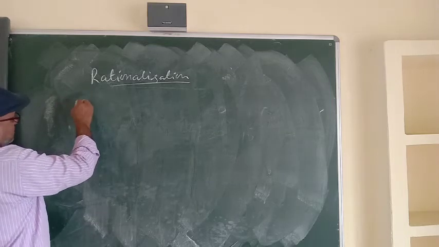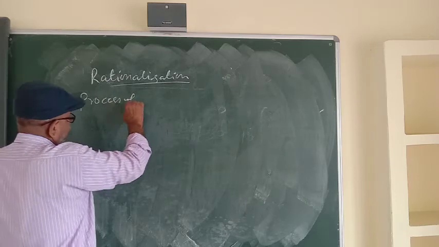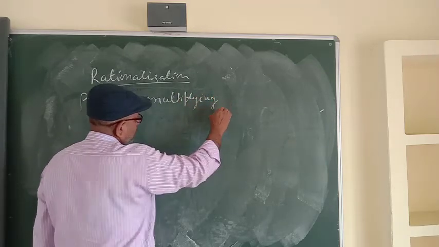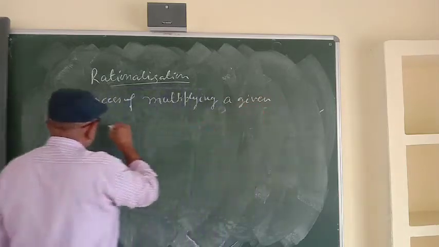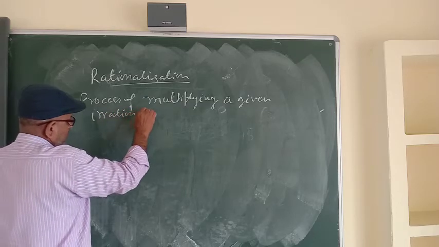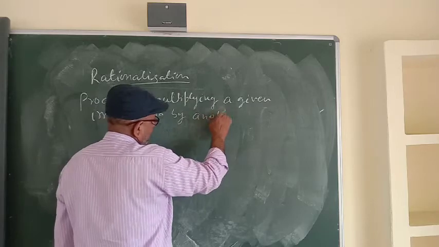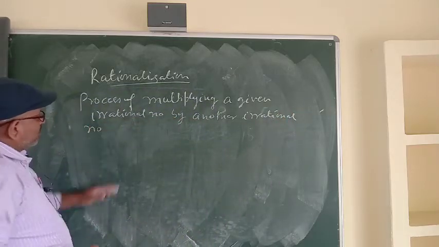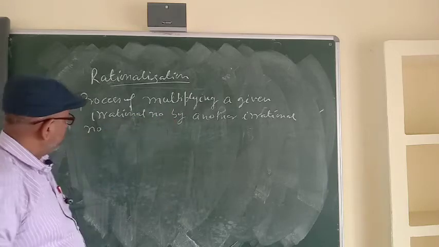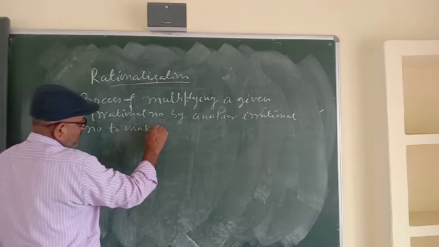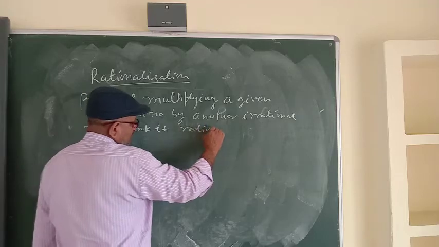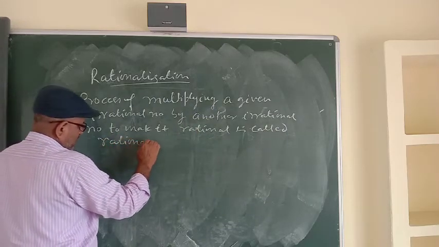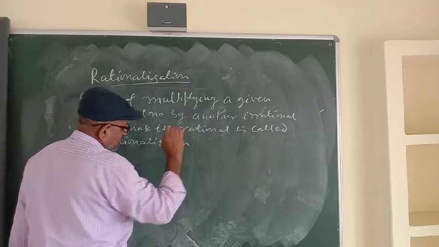The process of multiplying a given irrational number by another irrational number to make it rational is called rationalization.